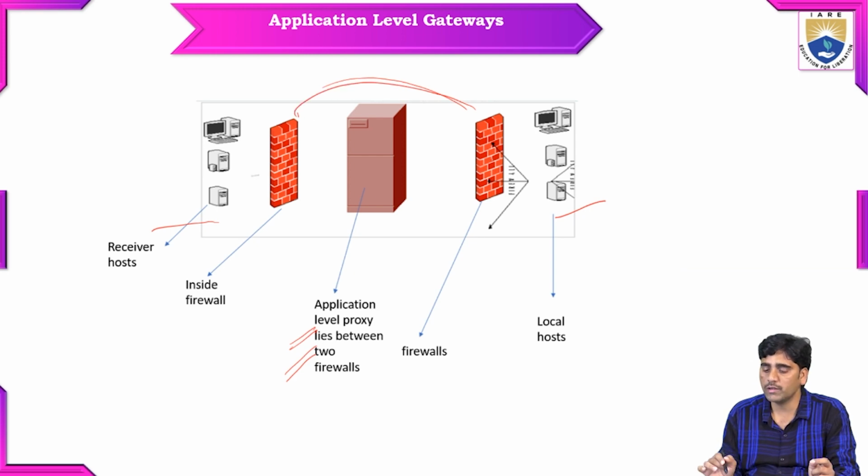The application level proxy lies in between the two firewalls. So even the incoming packets from the local host to the destination side or receiver host, the first firewall can inspect each and every data. Even if the firewall is compromised with the incoming connections, the application level proxy is not getting compromised, and application level proxies work as an intermediate between these two.